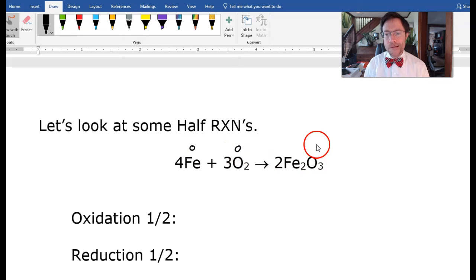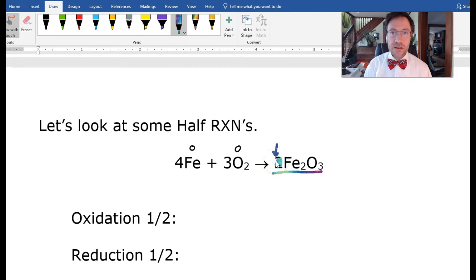Now, these coefficients have nothing to do with oxidation numbers. They just tell us how many molecules are there. It has nothing to do with the individual atoms, so I'm going to ignore these as I find the oxidation number. A couple people actually asked that question. Love you guys when you do that.